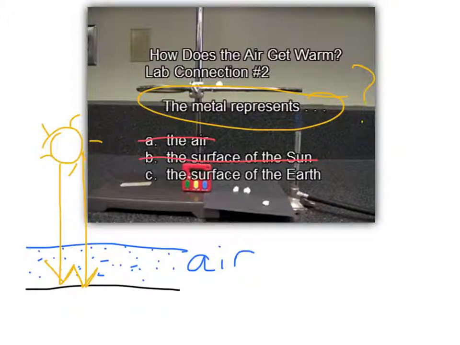Therefore, the surface of the earth is represented by the metal. The sunlight reaches completely through the atmosphere, strikes the earth, and the energy from the sunlight is absorbed at the surface of the earth. Therefore, the sunlight is actually heating the surface of the earth, just the same as the Bunsen burner flame is directly heating the metal bar.